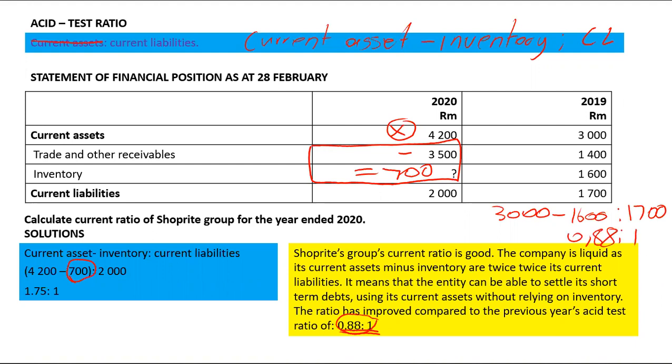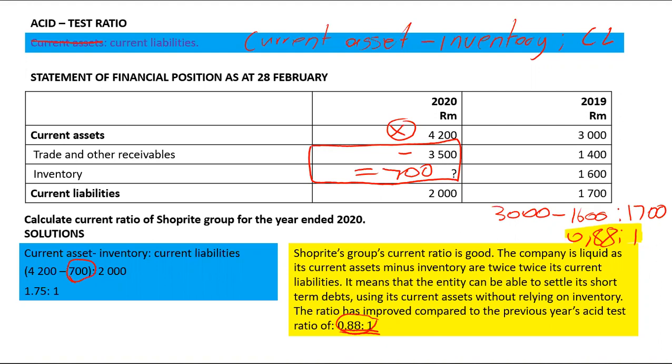Was it bad last year? Was the acid test ratio bad last year? Yes. It was bad, but not that bad because it was just down by 0,22. Okay, so it has improved, not slightly actually, by a big portion.